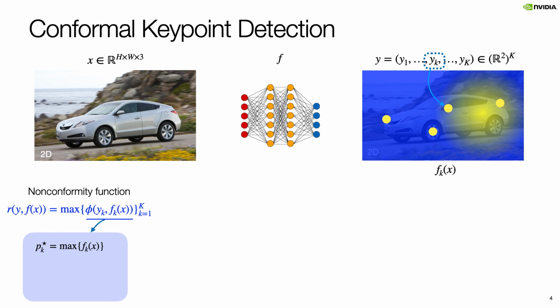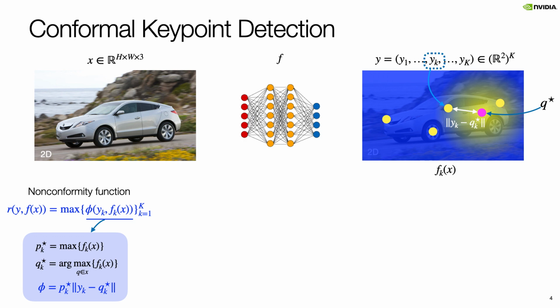Let's call p_k the maximum probability in this heat map, and q_k the location where the maximum probability is attained. We compute phi by evaluating the distance from q_k to the ground truth keypoint y_k, and then we pre-multiply this distance with the maximum probability p_k. We then take the nonconformity function to be the maximum of all these keypoint-level functions phi.